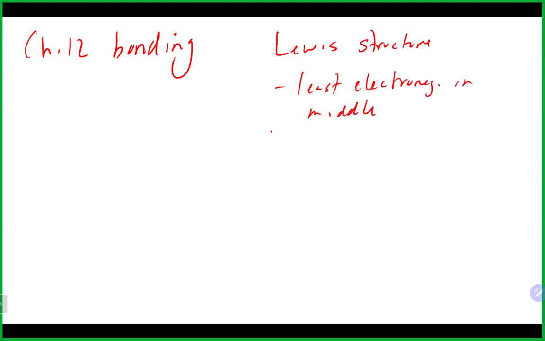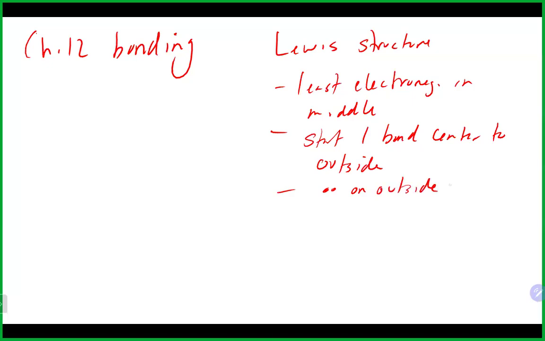Remember, as we talked about, we basically want to start with one bond from the center to the outside. We then want to distribute our remaining electrons as dots on the outside atoms, then work to the center and also put those on as dots.